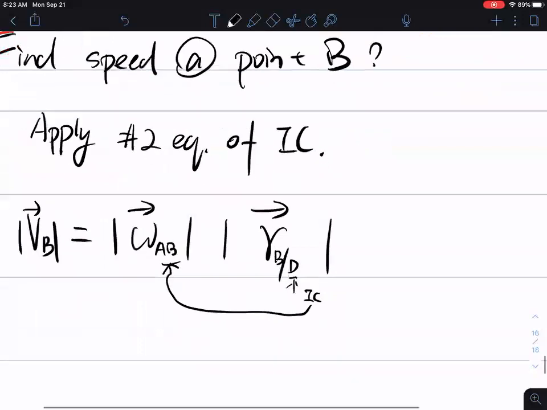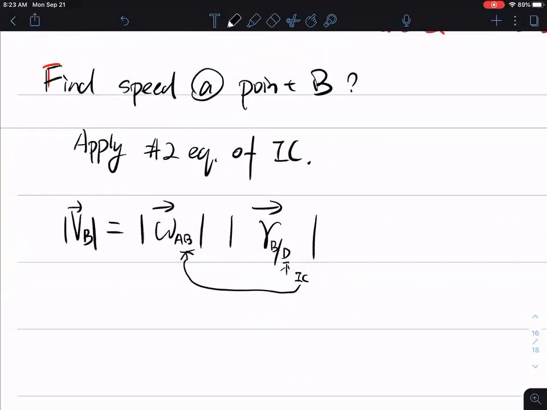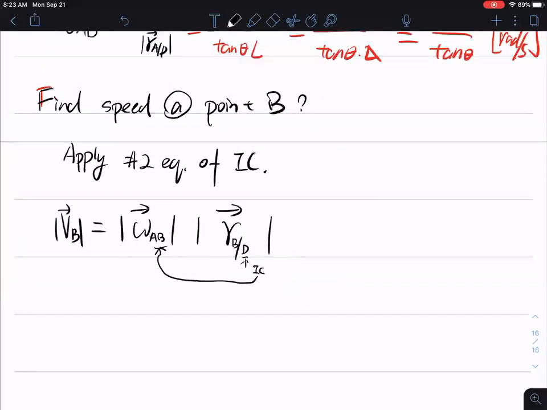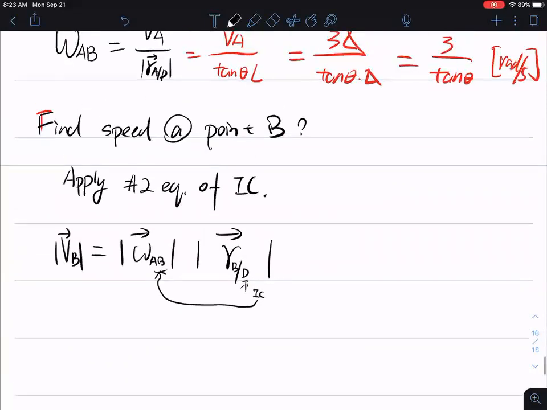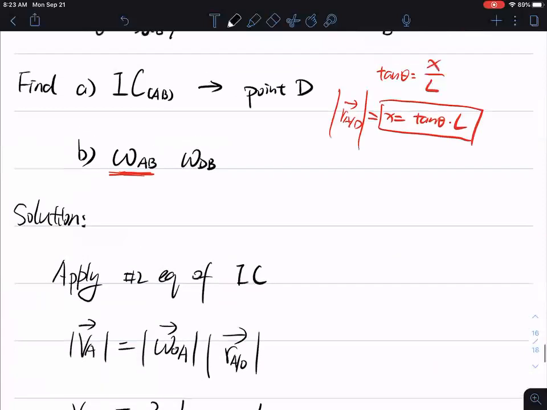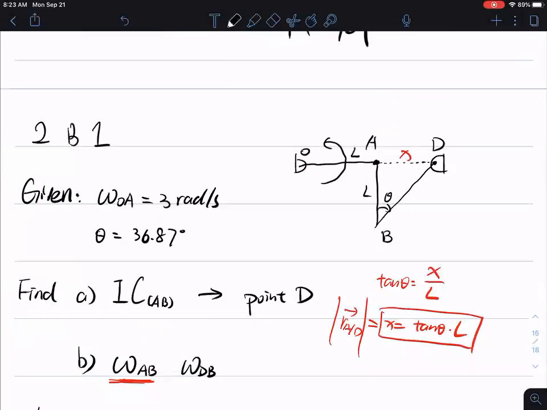Okay. Now we can plug in everything we know to find out what is VB. Omega AB we solved, which is 3 over tangent theta. And distance RBD, let's go back. What is the distance here? We can apply either way.